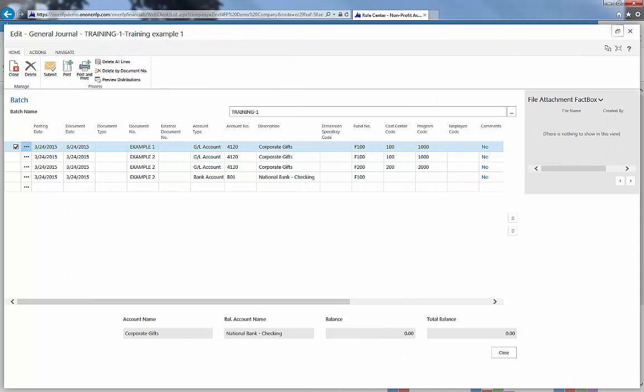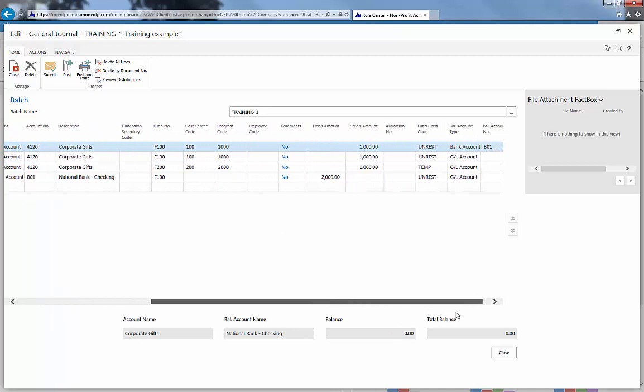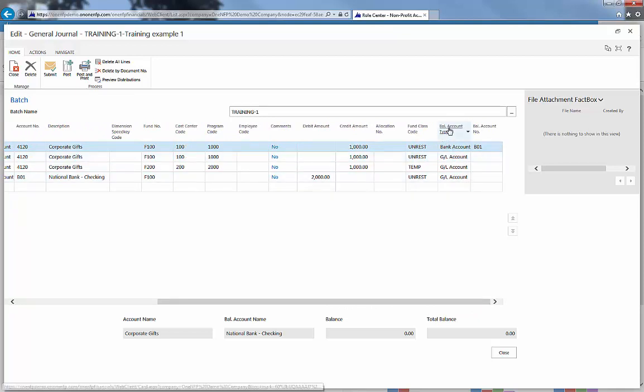At the core, the most basic rule you need to understand is when you enter into a journal, you're entering a complete transaction. By this I mean you're entering both sides to the transaction. So in this example, this first line, example 1, I have a GL account, one of my revenue accounts, and if we scroll over here to the right, under balance account, I have a bank account.